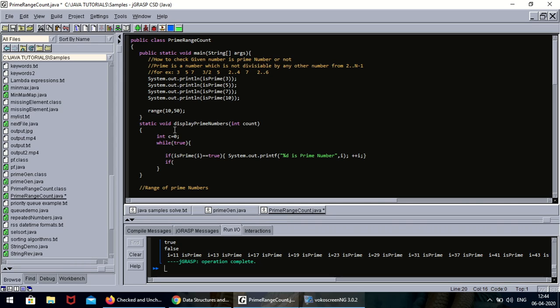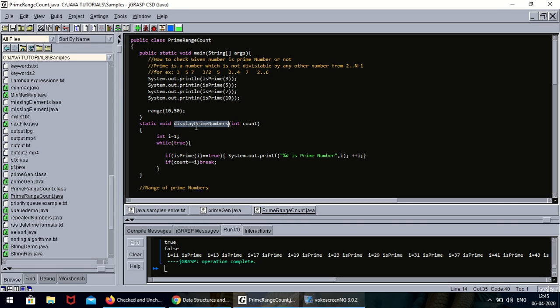If count equal to i, then break the loop. You don't need this also, because this variable is here. Declare i equal to 1. That's it.